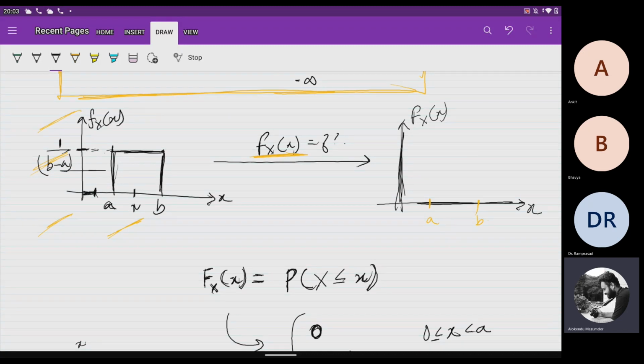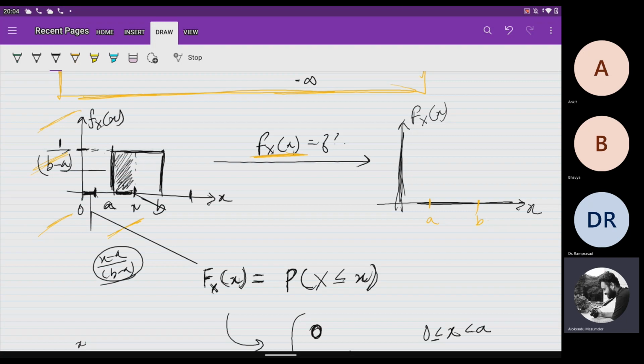If x lies between 0 to a, the area behind it will be 0. If x lies between a to b, the area behind it will be this particular area, right? So rather than doing the integration, we could have directly computed this: length into breadth. The breadth was x minus a and the length was 1 by b minus a.